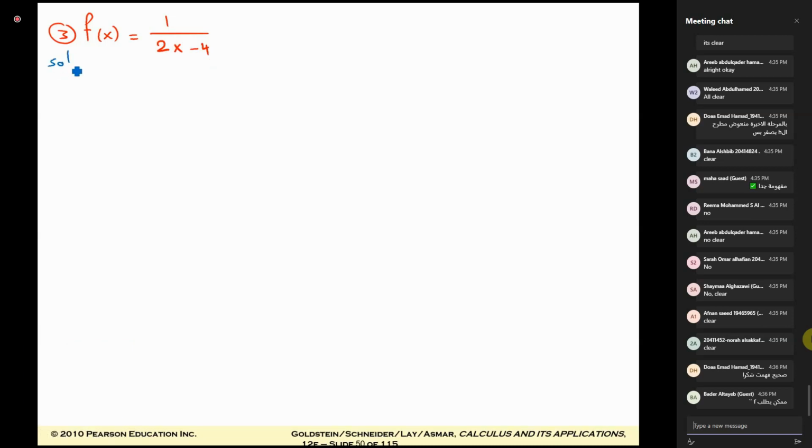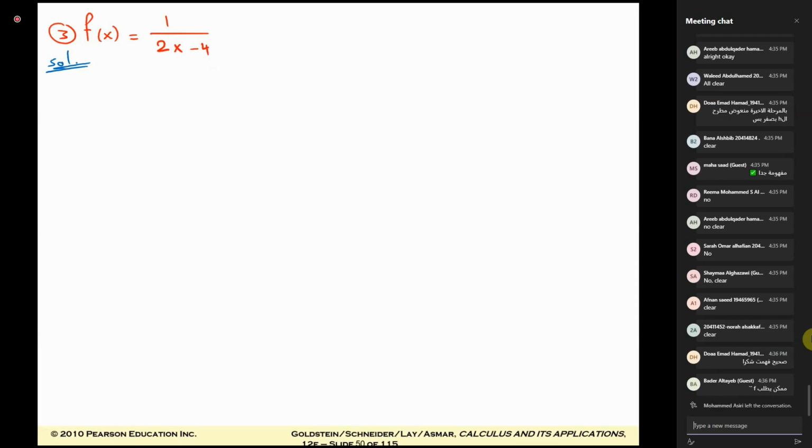The solution: f prime equals limit h goes to 0 of f of x plus h minus f of x over h.